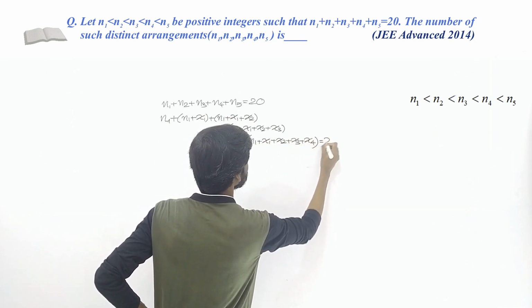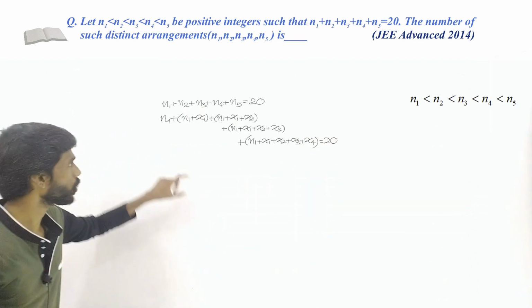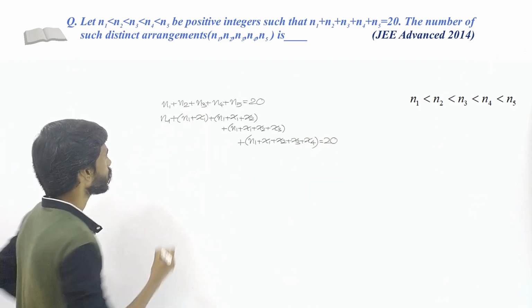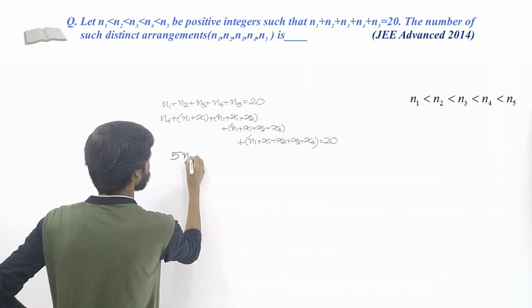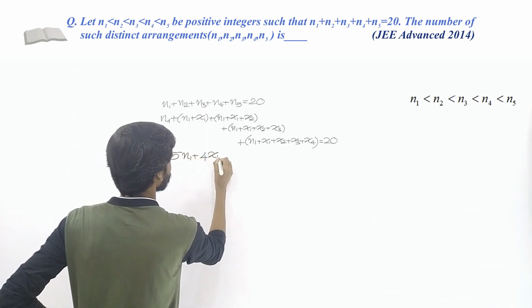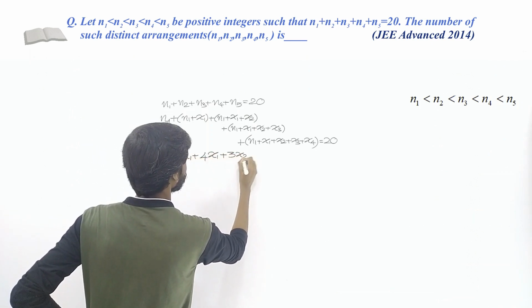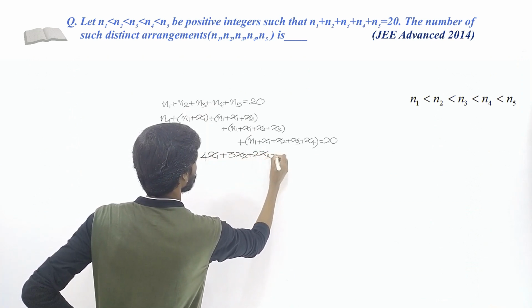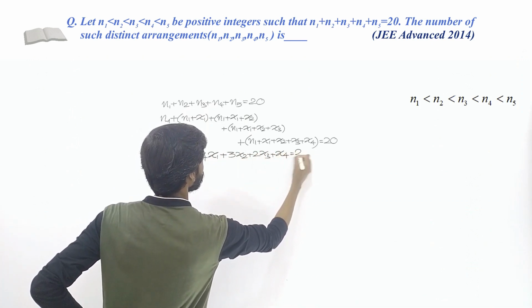So this total is 20. Now if you simplify, n1 appears 5 times, so this is 5n1 + 4x1 + 3x2 + 2x3 + x4 = 20.